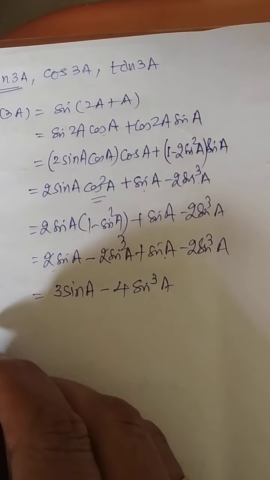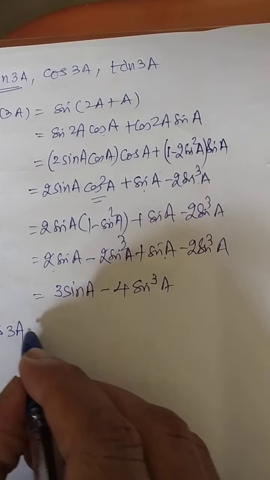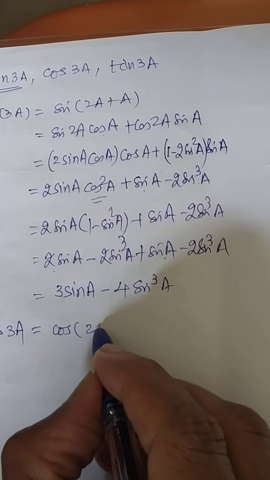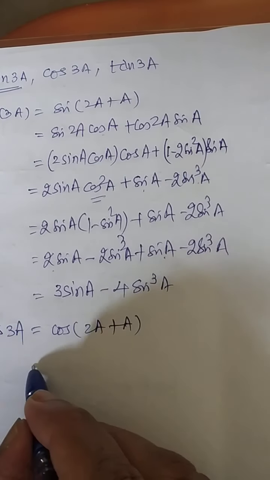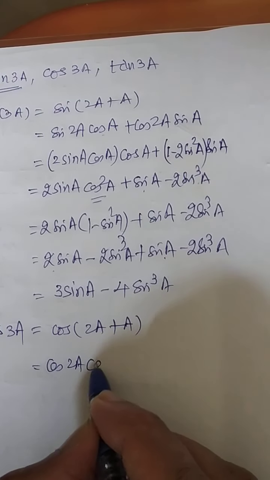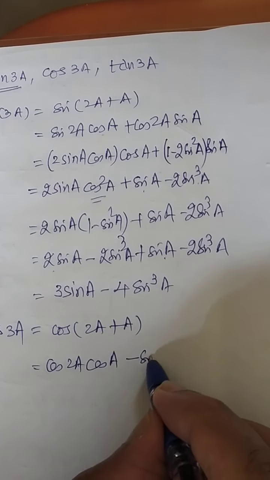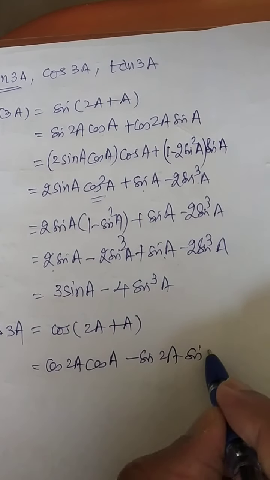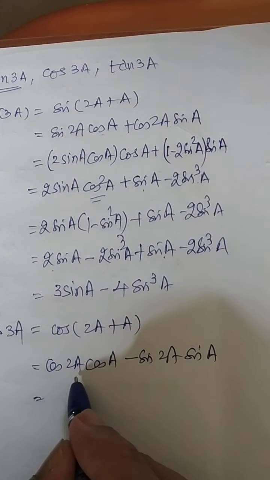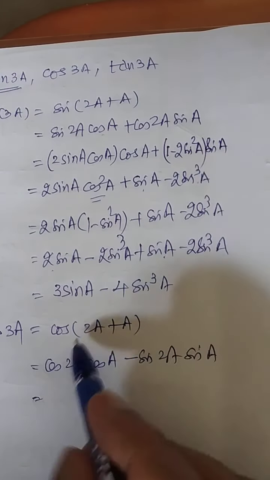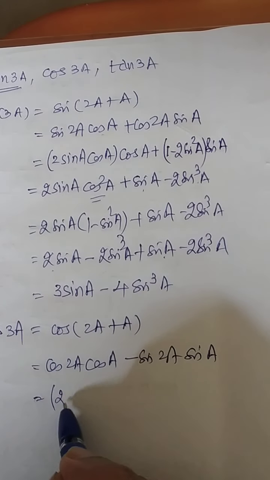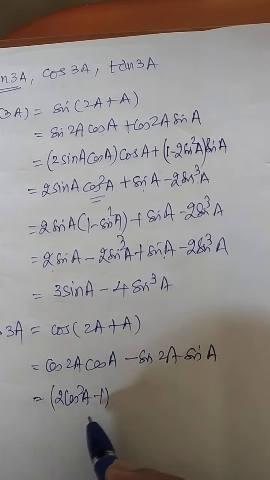Now the formula for cos of 3a. The same rule: cos of 2a plus a, cos a cos b, cos first cos second, minus sin 2a into sin of a. Cos 2a you have three formulas. Here we have used the sin one. Here we should use cos because you are trying for cos, so 2 cos square a minus 1, cos a.